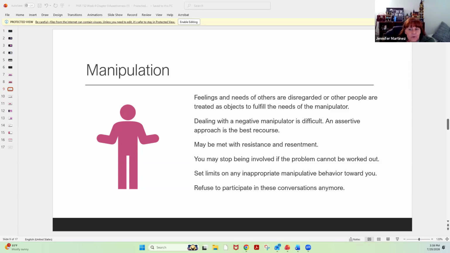You may even at some point have to stop being involved if the problem cannot be worked out. But the biggest thing working with a manipulator is setting limits. And that's where the resistance and the resentment is going to come into play. You need to set the limit with these clients. And again, you may have to refuse to participate in that person's care if it continues.